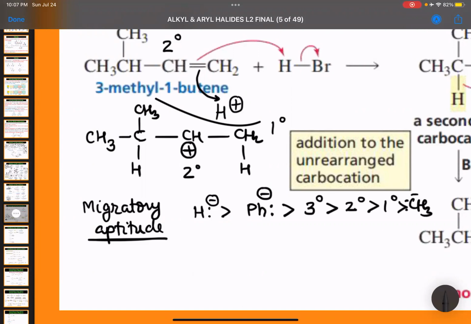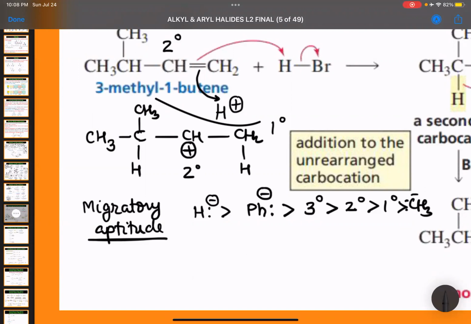These groups shift if you have different groups, and if you need to bring the carbocation on this side, you need to decide which group needs to be shifted to the carbocation side to make it more stable. So my dear students, if there are different group possibilities, you need to decide on the basis of migratory aptitude.